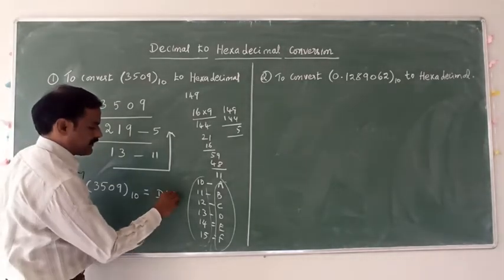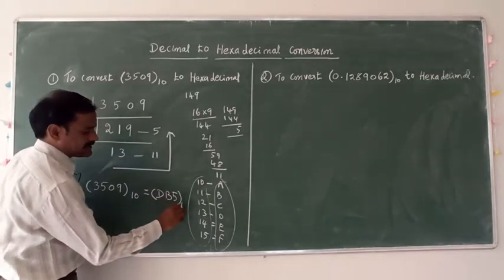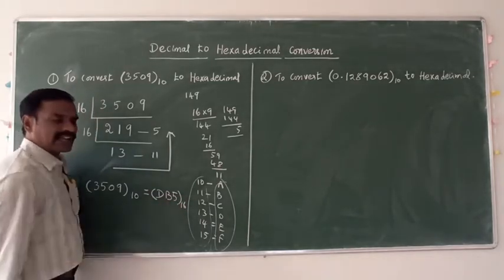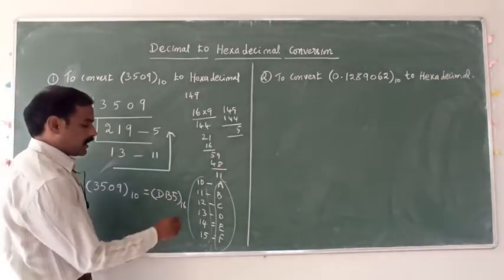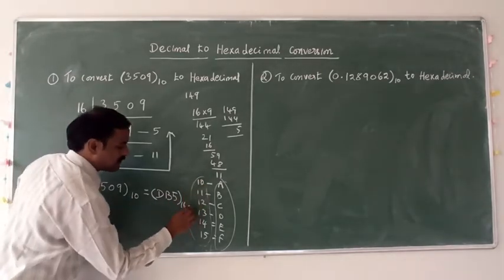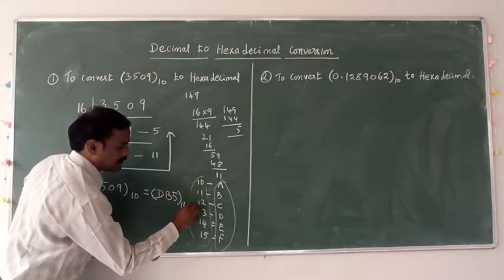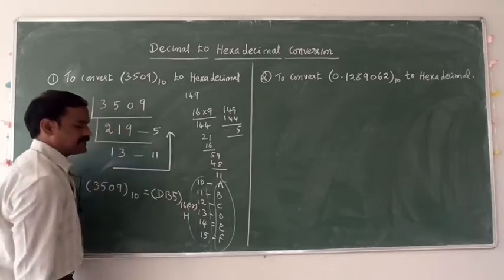So it is D B 5 within bracket 16, or we can represent it with H.